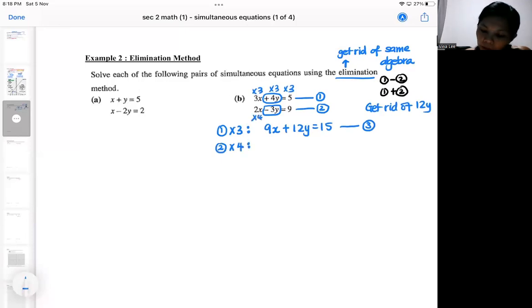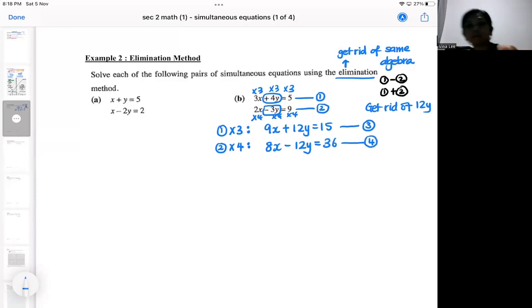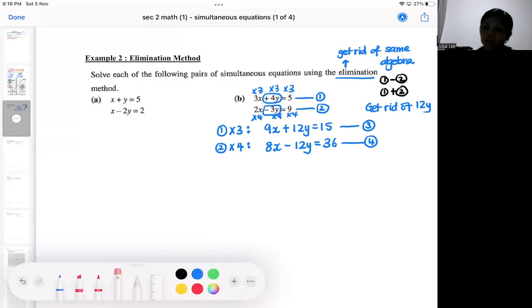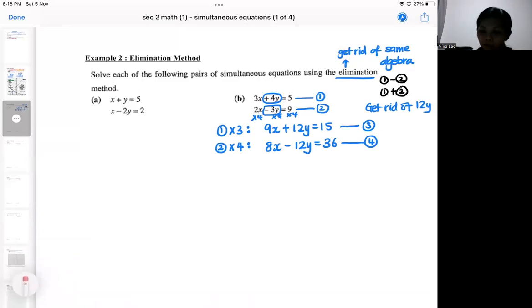So times 4 times 4 times 4. So I got a brand new equation. So if you don't see same algebra, you create the same algebra to subtract. Okay, so I'm creating the 12y for me to subtract.